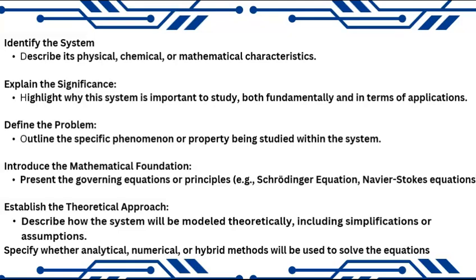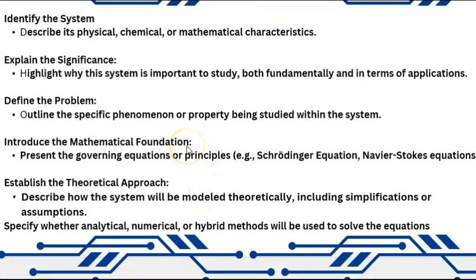So you define exactly which system or which part of the system you're studying, and next you introduce the mathematical foundations, the equations, Navier-Stokes or Schrödinger's equation or Hooke's law or Henry-Bloch's principle. Any principle you're studying, you need to put it out, and next you establish the theoretical approach you're going to use to solve the equation.